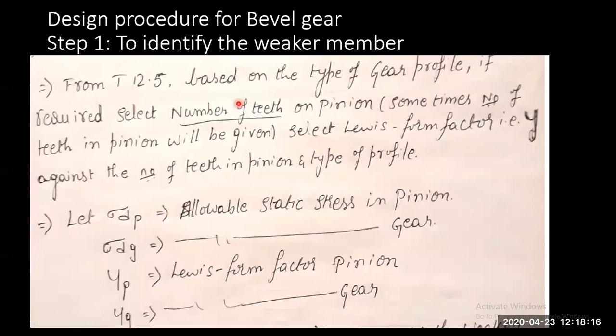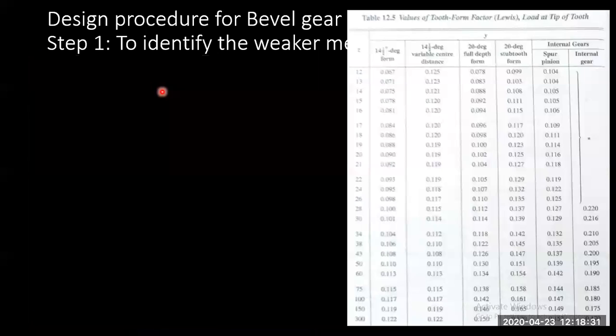Depending on that, if the number of teeth is not given, then you need to refer to a table. If the number of teeth is given, then you can refer to table 12.5, and you can take the value of y. That is the Lewis form factor, which is required to find the weaker member.